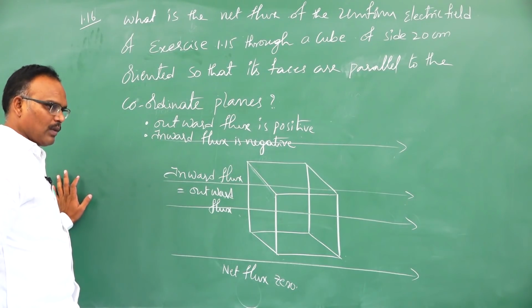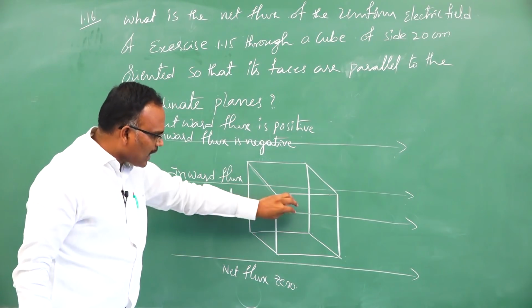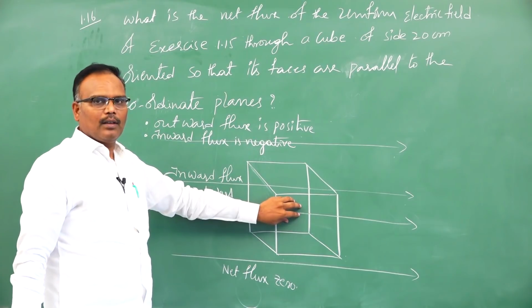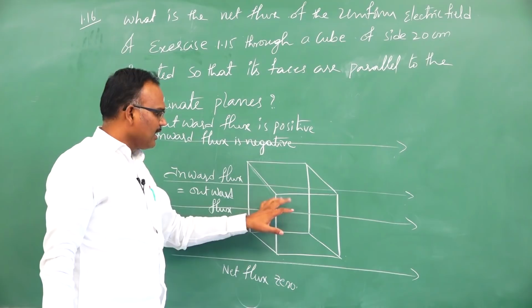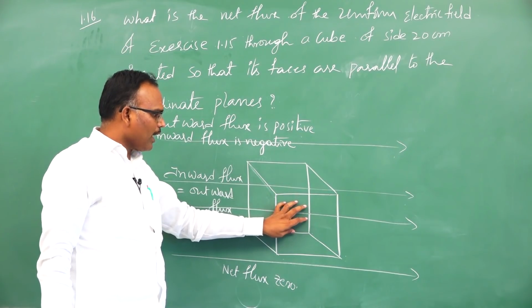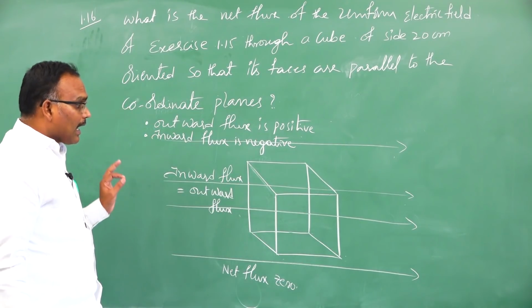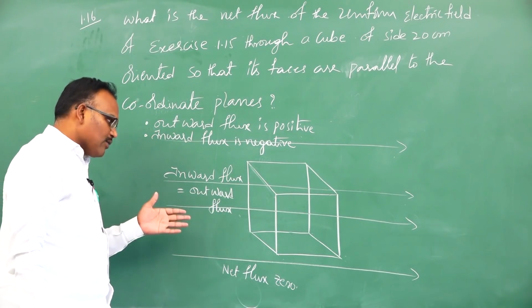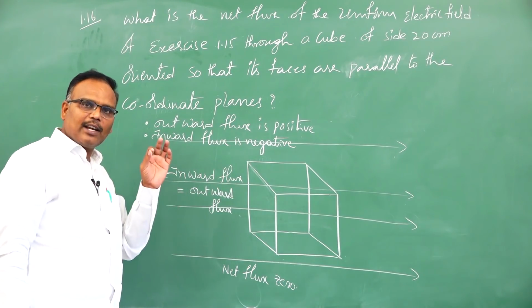I can say comfortably there is no charge inside the cube. If you imagine this cube is a Gaussian surface, charge does not exist inside. That means the electric flux due to any charge located outside the Gaussian surface is 0.